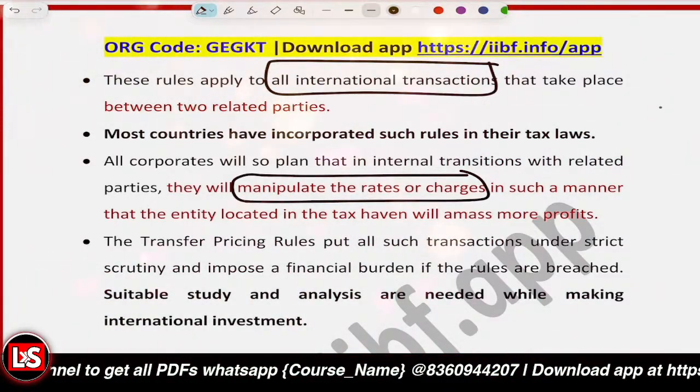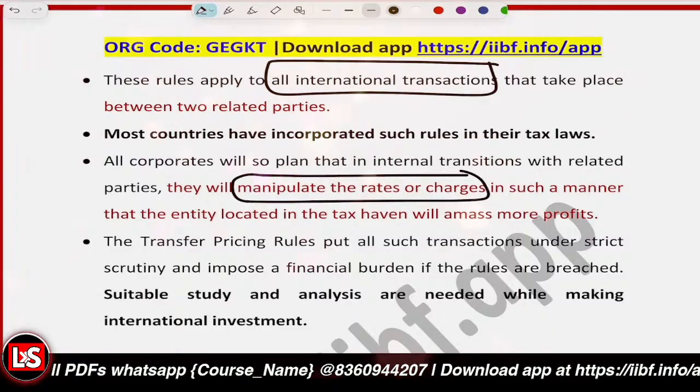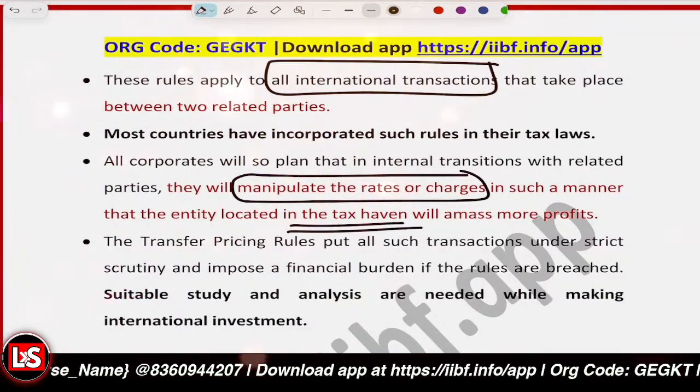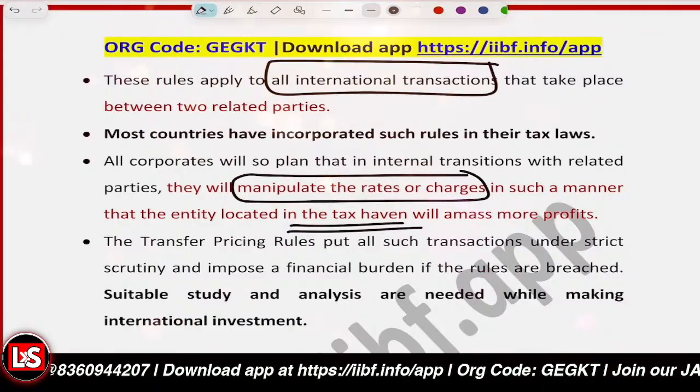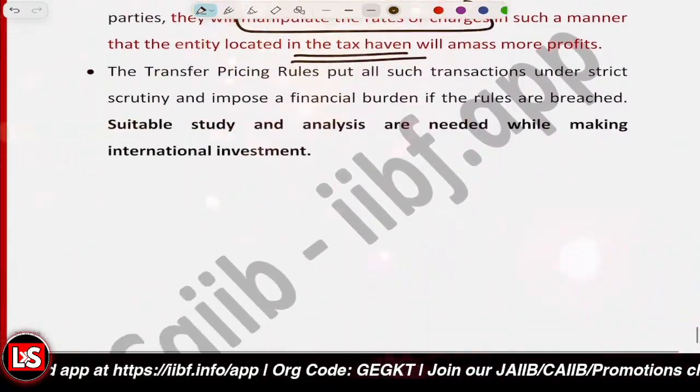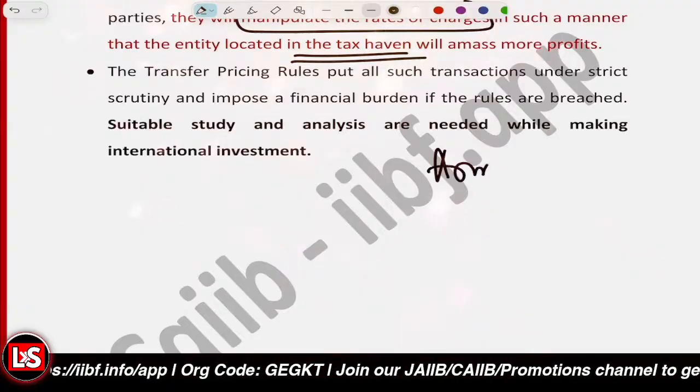So basically, we want the taxation to be done in the country where the profits are earned. And also to maintain the arm's length principle.